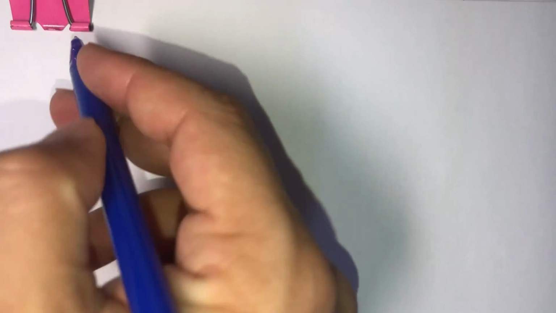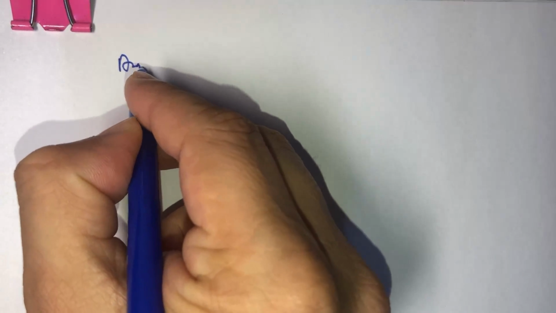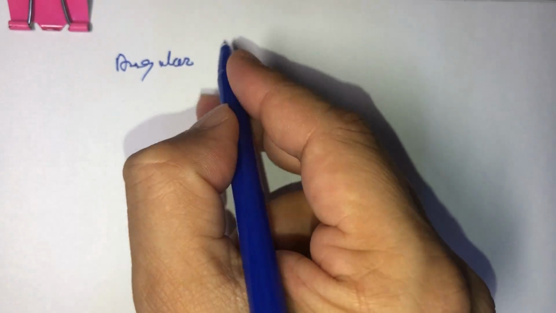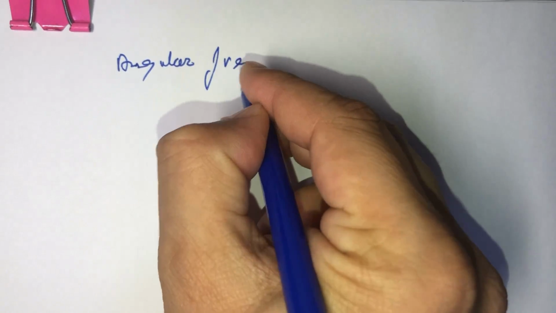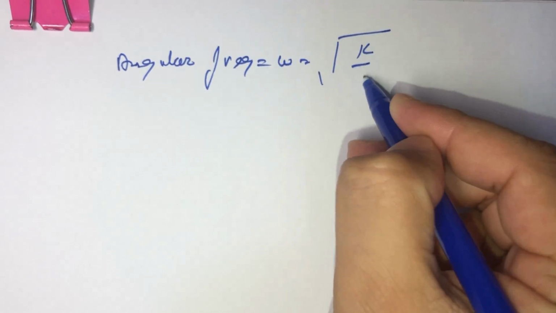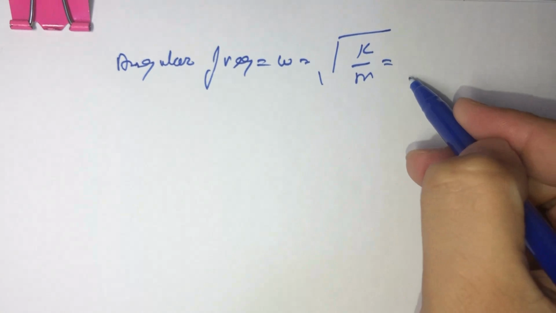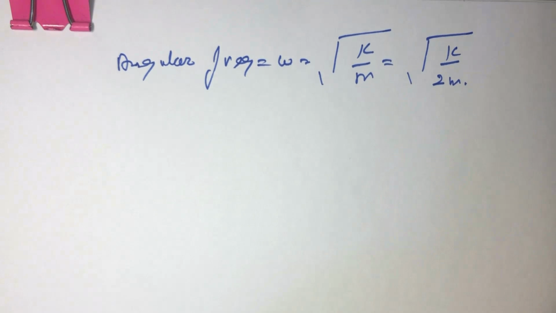Therefore, the angular frequency omega will be equal to root of K divided by m, and m is the total mass, which is given as 2m.